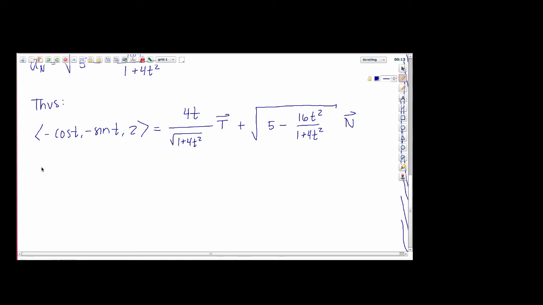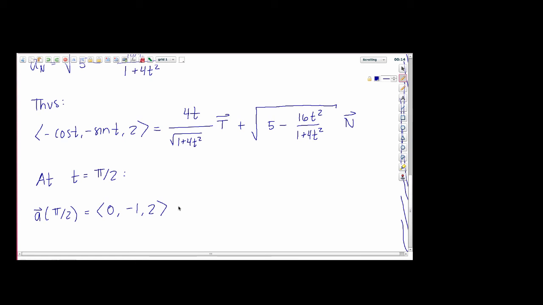So now let's do an example with numbers just to see how this works out at a particular value of t. So let's see what happens, for example, at t equal to pi over 2. So acceleration at time pi over 2 is equal to minus cosine of pi over 2, so that's 0, minus 1, 2.